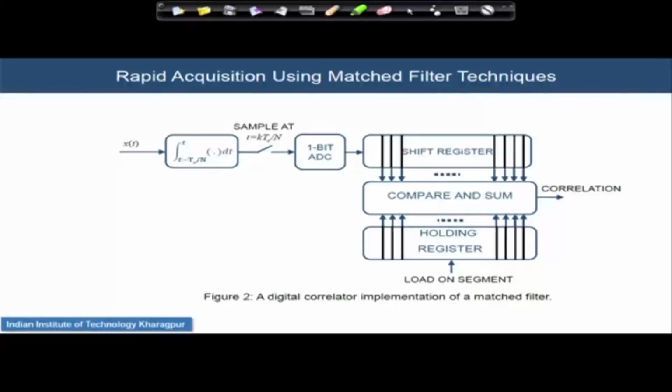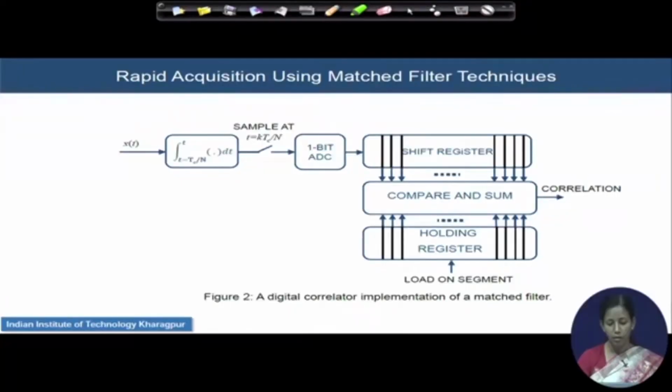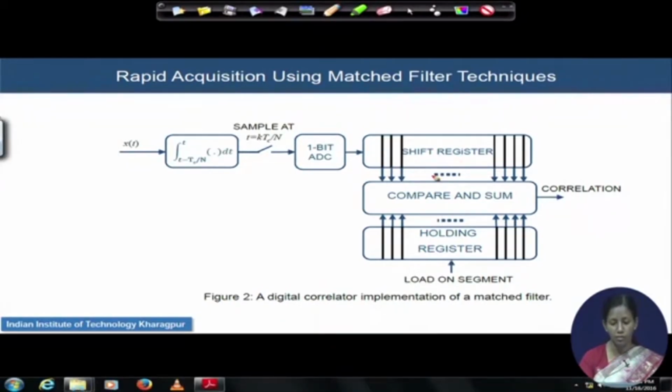We are more interested in this shift register architecture. This is a digital implementation of the match filter, where we have two registers. One is the holding register, another is the shift register. Inside this holding register, we first load a segment of the PN chip sequence, say having capital M number of chips, and the incoming signals are sampled by a 1-bit ADC at the rate of kTc by N, like the analog architecture, and here per symbol you get 1 bit.